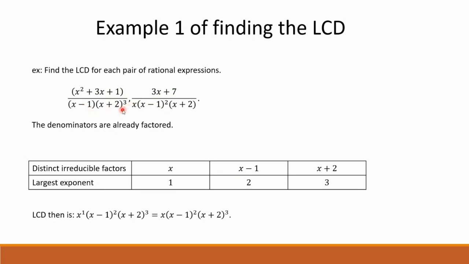There's an exponent here, but let's disregard it for now. And we have x, as you can see. So what I'm doing is I'm listing the irreducible factors. Irreducible means you can't factor down any further. x minus 1 is taken care of, and so is x plus 2. So these are the three irreducible factors.